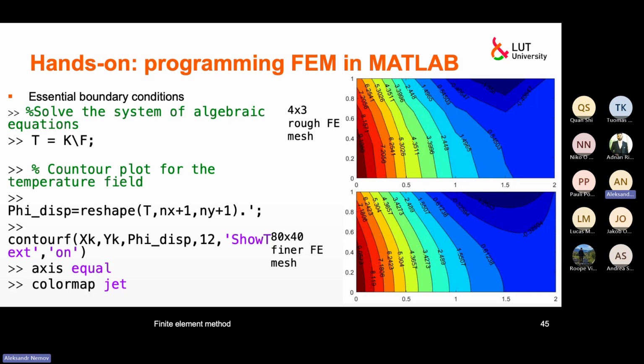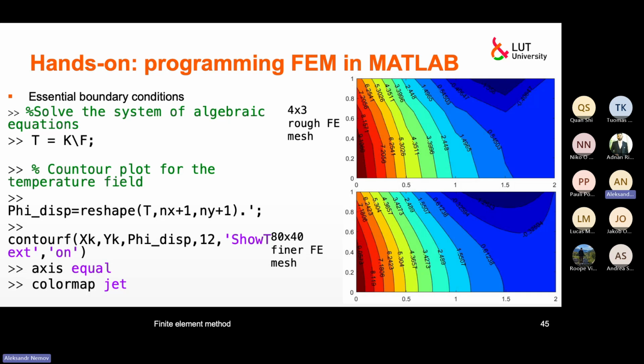Because the contourf command makes a correspondence between those locations and values, and we can easily do that using this reshape command. So reshape those resulting nodal temperatures into a matrix with corresponding dimensions. And then I can make this nice plot.